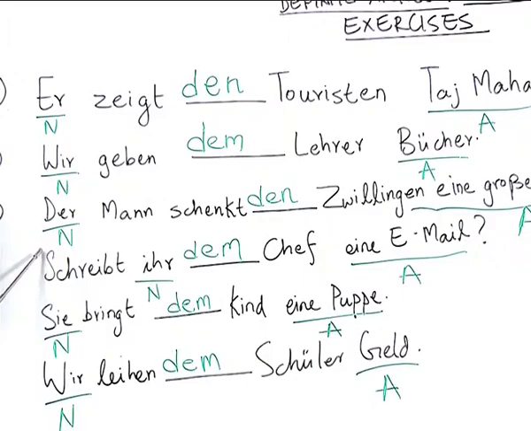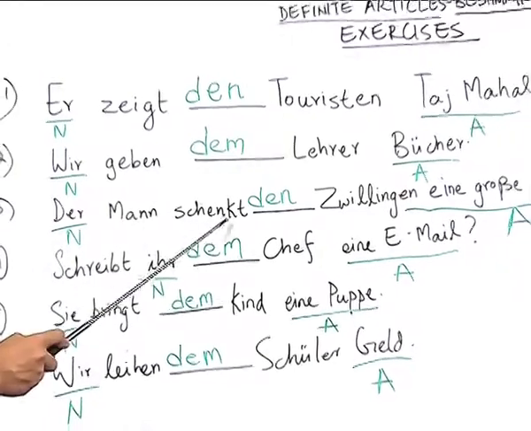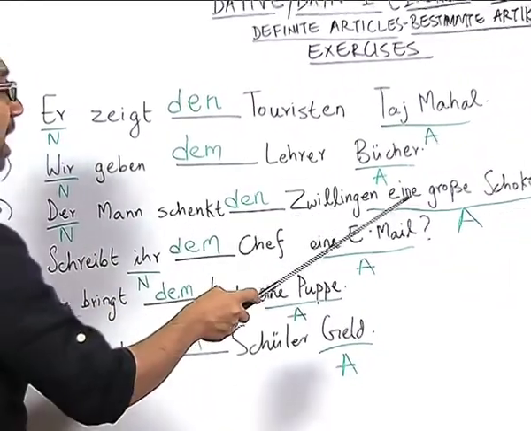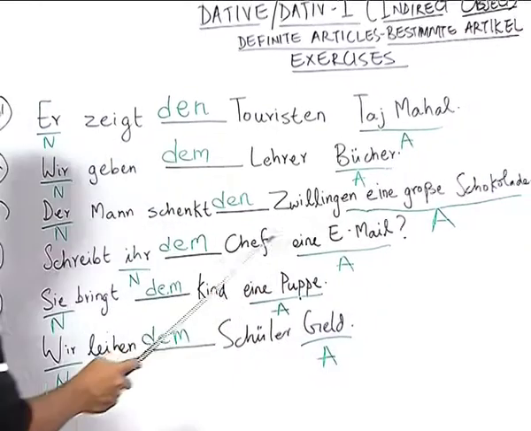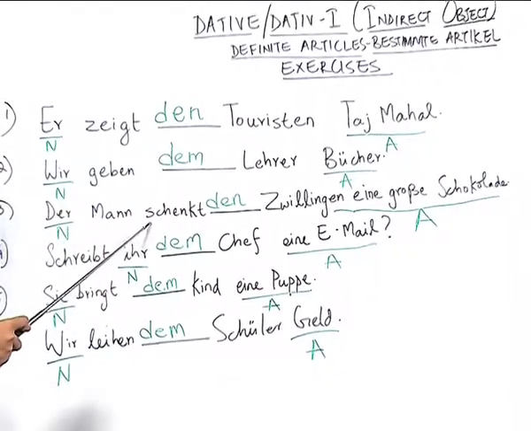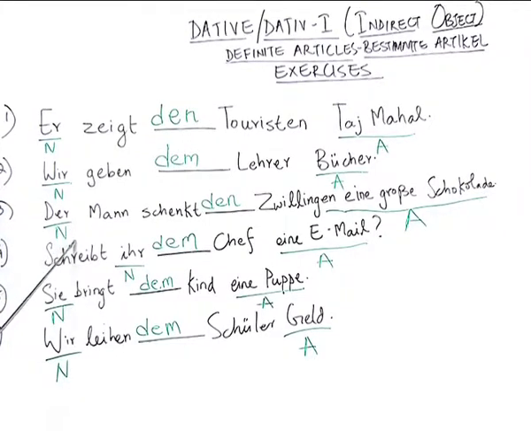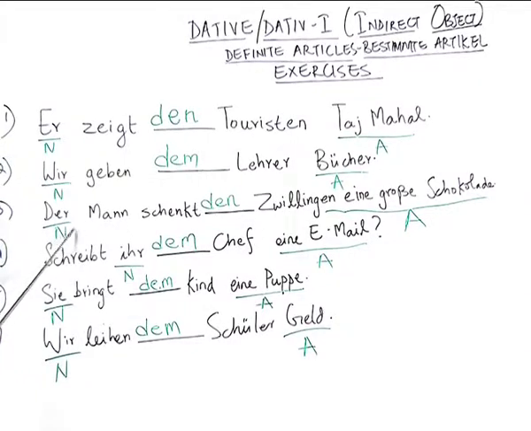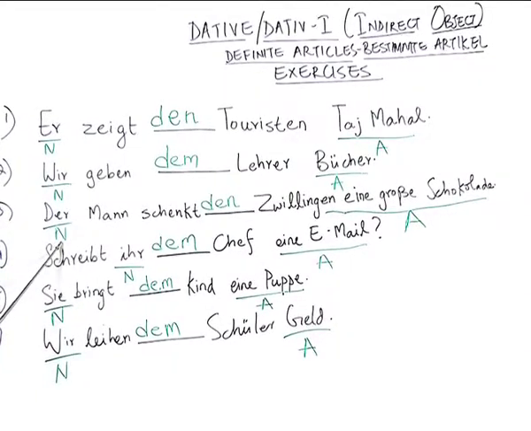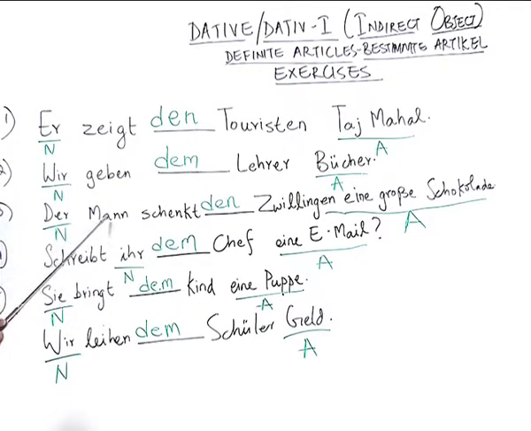Now, in sentence number 3, der Mann schenkt Zwillingen eine große Schokolade. Here we have the verb schenken, which means to gift, and the verb is conjugated according to the noun Mann, which is der Mann, and as you can see, the student has correctly written the nominative marker here, n, and we have to ask now the question that Mann schenkt.